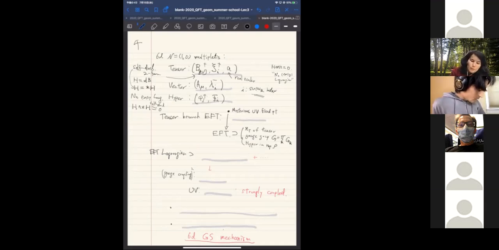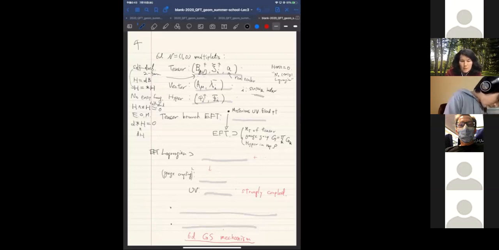So here I just say that there is some way to describe it, and we can still easily talk about the classical theory. The classical EOM is still this, and this is all equal to the Bianchi identity of H because of the self-duality. This plus means it's self-dual.